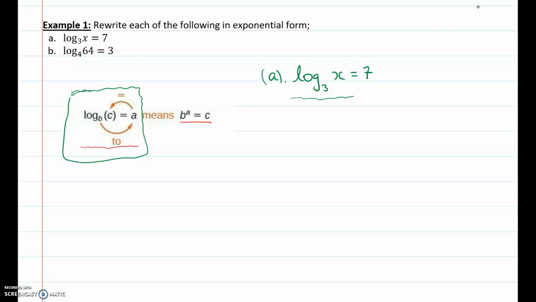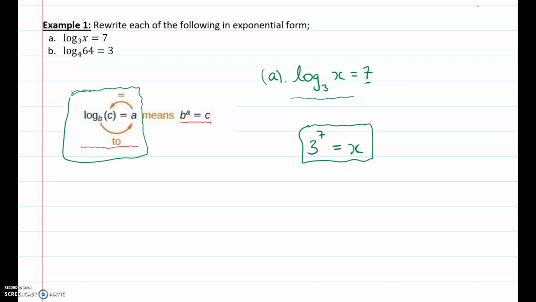So we're going to have b to the a equals c. Our b is 3, 3 to the a. The a is over here on the right hand side, so in this case that's the 7. So 3 to the 7 is equal to the bit that's left, which is the c. And c was the bit in here, which is x. So we have 3 to the power of 7 equals x. That's the conversion there.